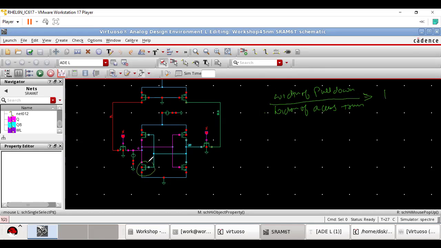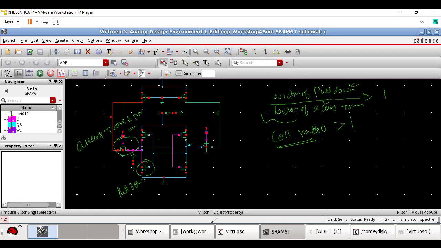This transistor is called pull down, and this transistor is called access transistor. And this ratio is called cell ratio. The cell ratio should have the value greater than 1. What is the cell ratio? Cell ratio is the width of pull down transistor divided by width of access transistor.